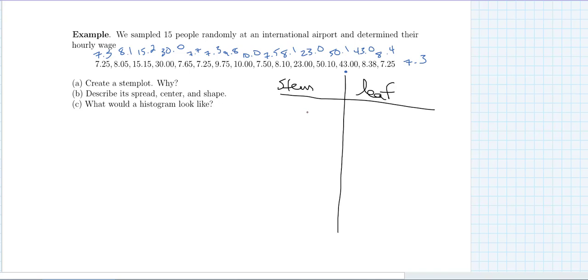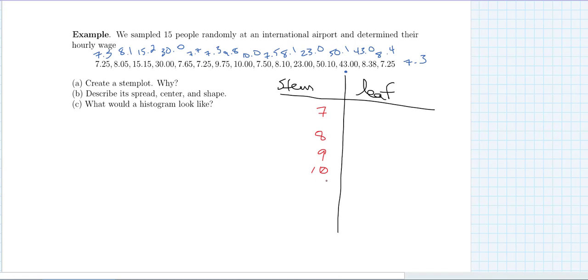Now we have 7, 8, 9, 10, and you have also 15, etc. But we're going up in value, right? So 10, the highest dollar amount we have here is 50.